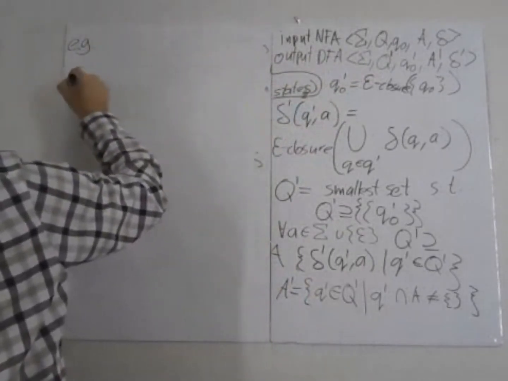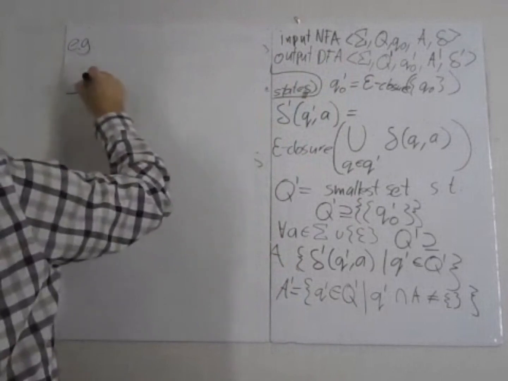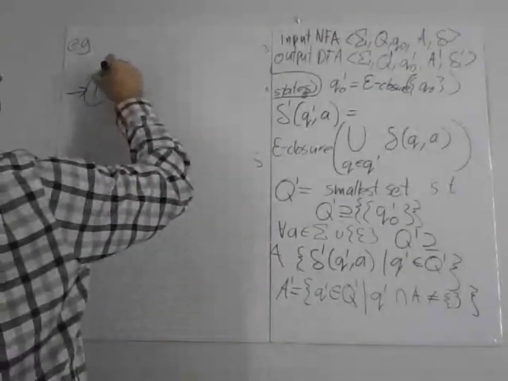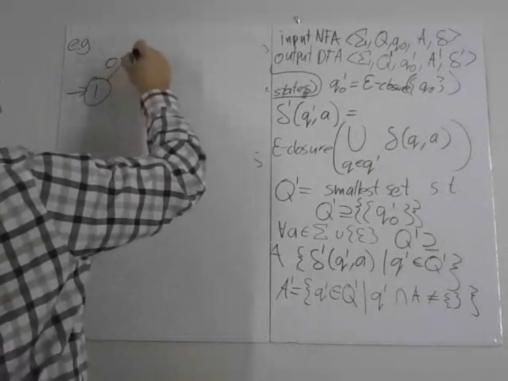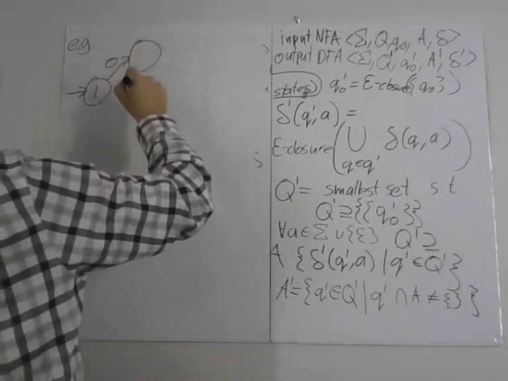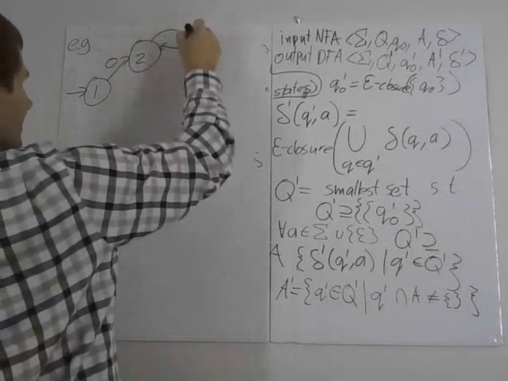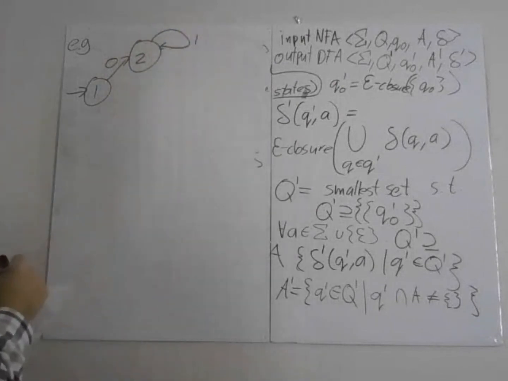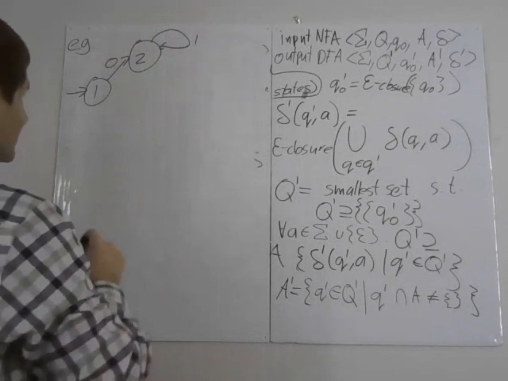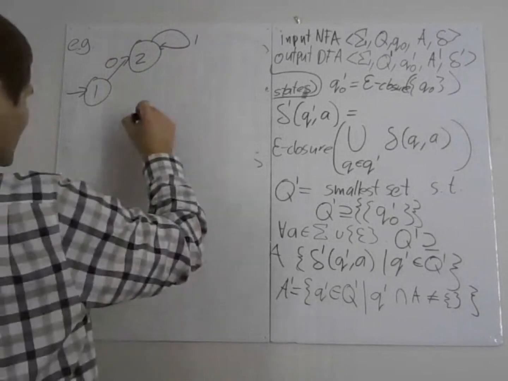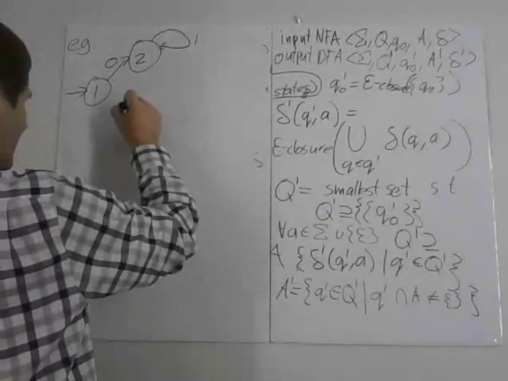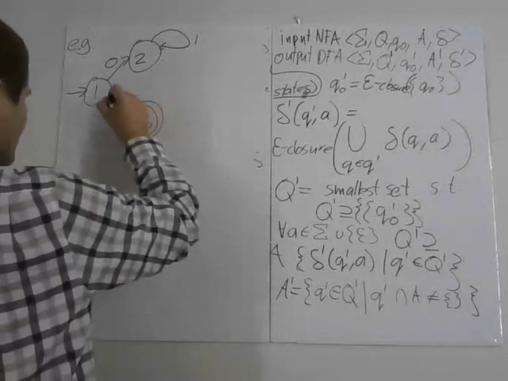My example is I have a state 1, and then on a 0 symbol, I go to state 2. And from state 2 on a 1 symbol, I go back to state 2. Then I have a state 3, that's an accepting state.